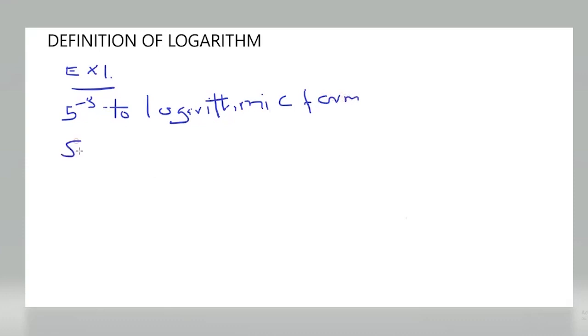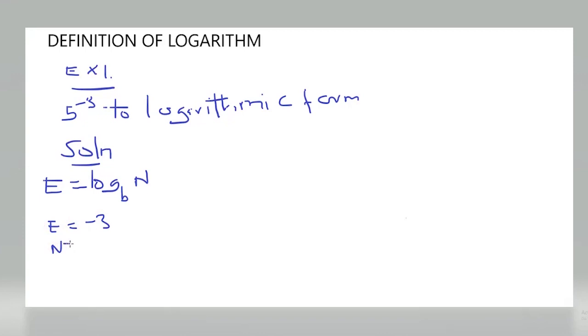Now solution. Remember, exponent is always equal to logarithm of a number to the base. Now from this expression, what is the exponent? The exponent is equal to negative 3.